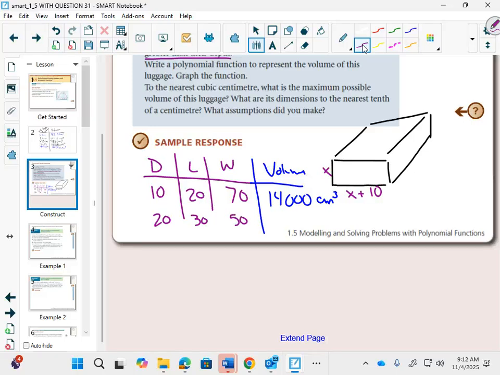Again, once I put those two numbers in, since they add up to 100, we can figure out the width, and this one is way better. Look how much more space. We have 14,000 centimeters cubed versus 30,000 centimeters cubed.